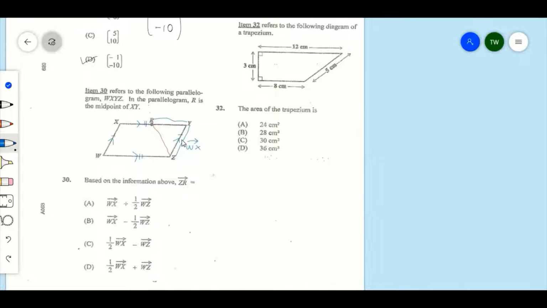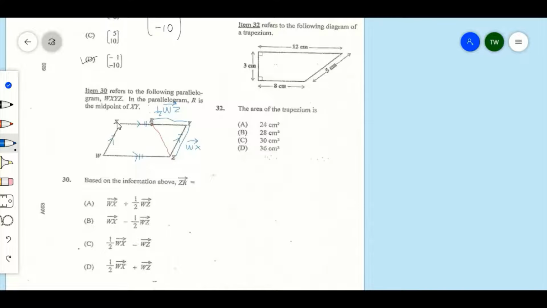Now, R is located halfway between X and Y, and we know that from X to Y is the same thing as W to Z. So here we're going to put W, Z, and put on our vector here. Now we need to show the direction.